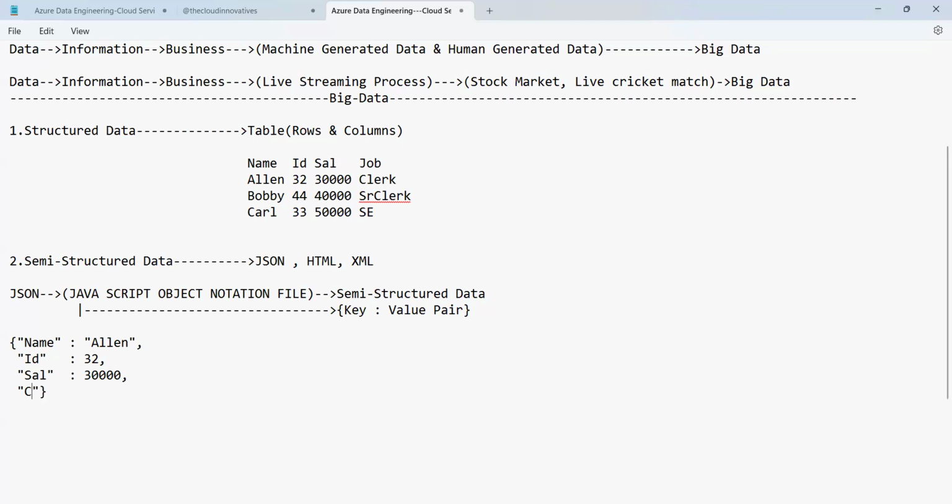Then you have your job, and the job is a text value, so I'm writing it in quotes.